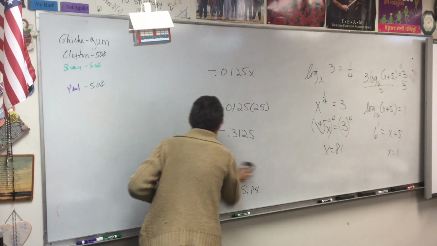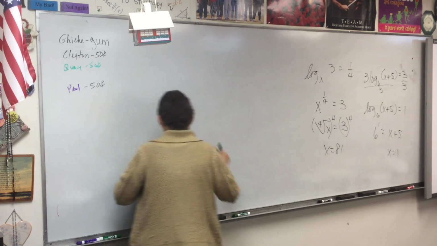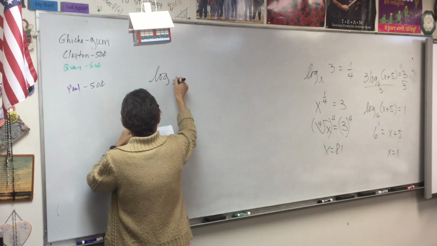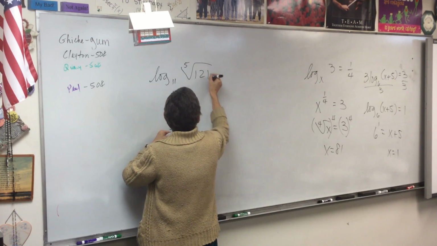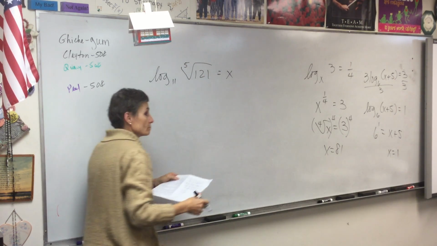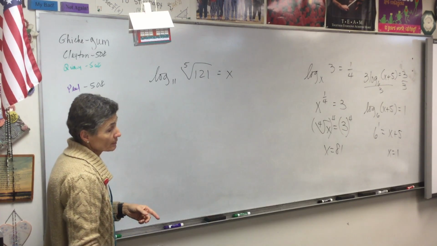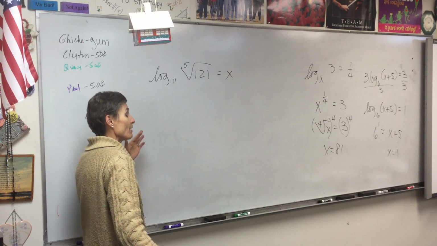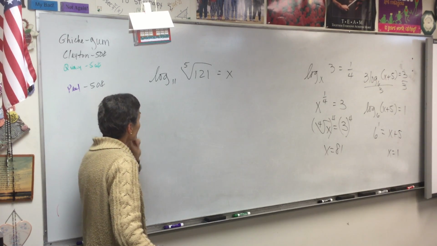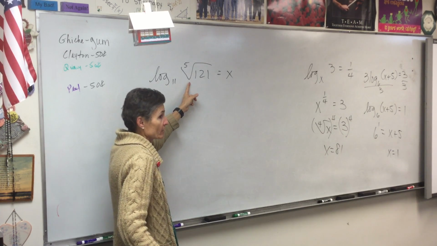All right, what about E? Now it doesn't matter if you have like 121 to the, whatever. Well, it really does, but it depends kind of how you're going to start the problem. But as long as you have a logarithm in the problem, you do not want a radical present.